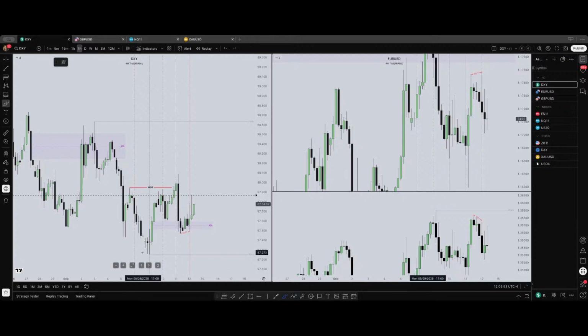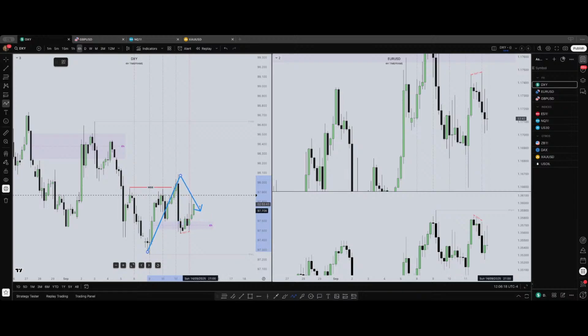Price showed us strength to the upside. It took this previous high, broke it and then retraced to this 4-hour imbalance.